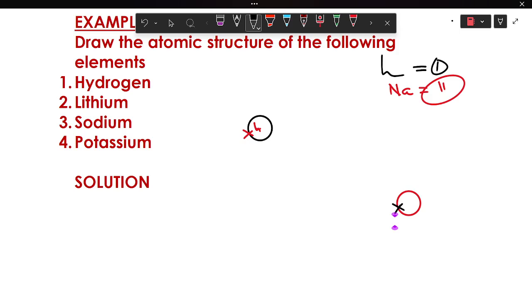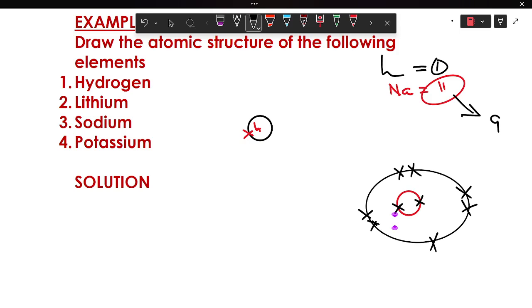So we draw 2. So out of 11, we remain with? 9. Okay. So we also have another shell, right? So we put how many? 8. 1, 2, 3, 4, 5, 6, 7, 8.